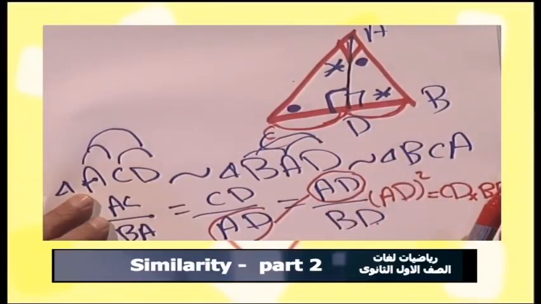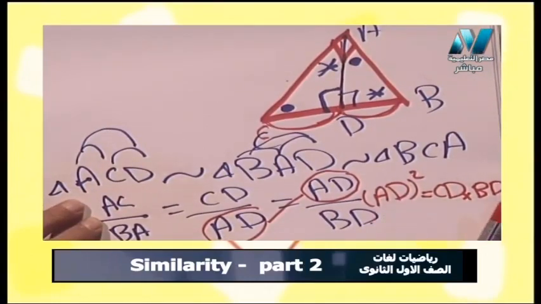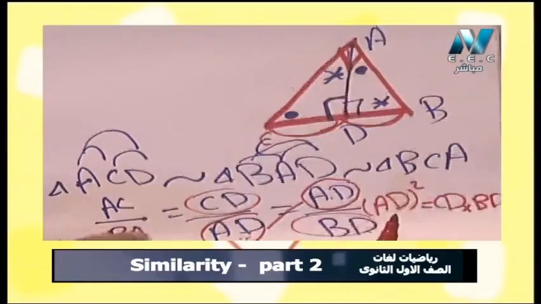So from similarity now we try to prove that AD times AD equals AD power 2, and the answer will be CD times BD. Let's go to another thing.